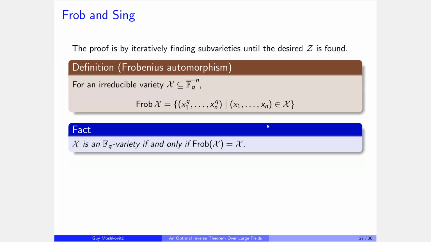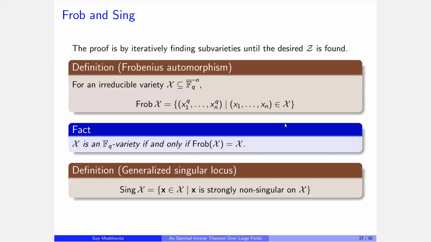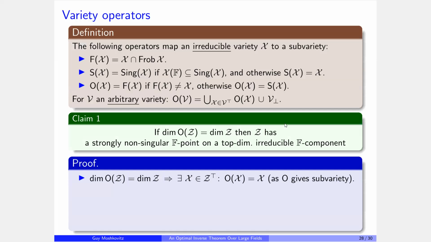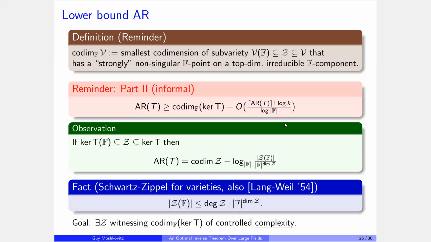For that, we need a version of the usual notion of degree, but ultimately you can do the analysis properly. So yeah, there's some interesting math here, but if you do this properly, you get the lower bound on analytic rank and you're done. Okay, I think I'll stop here.